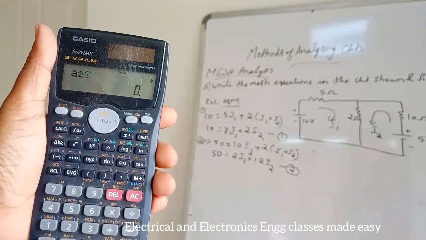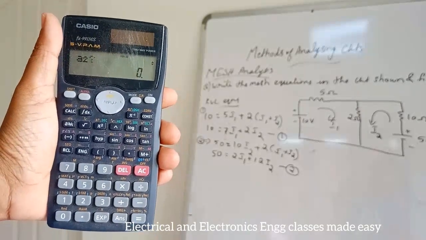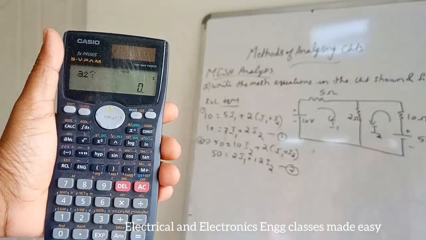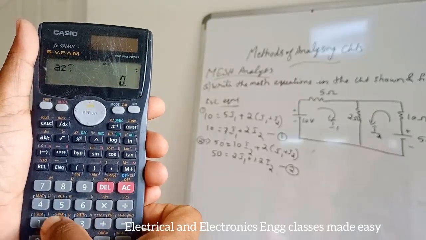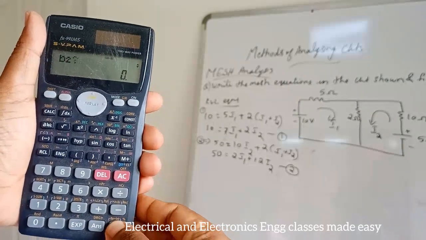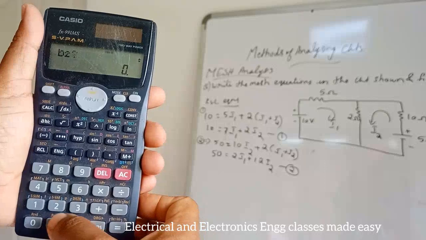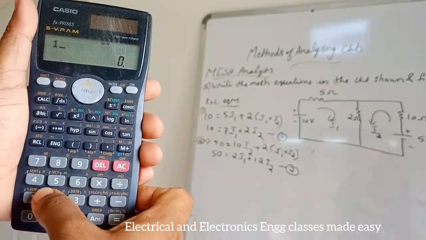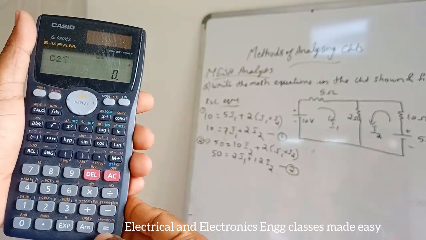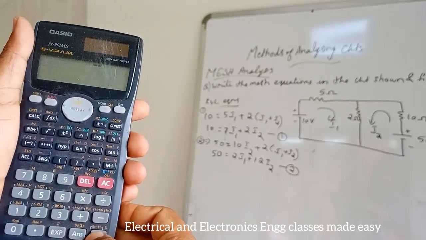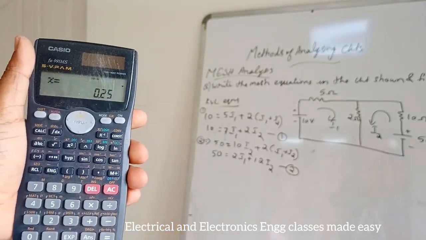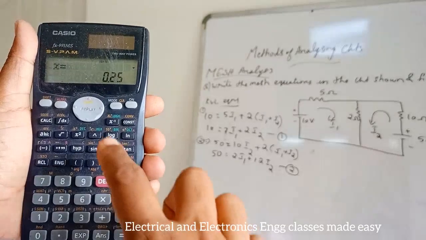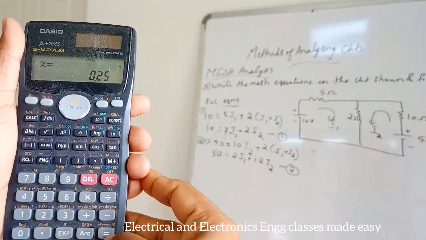Equal to. Next is A2. A2 means the second equation's first coefficient, that is 2, equal to. Then B2 is 12. Then C2 is 50. So x means here I1. I1 is 0.25.